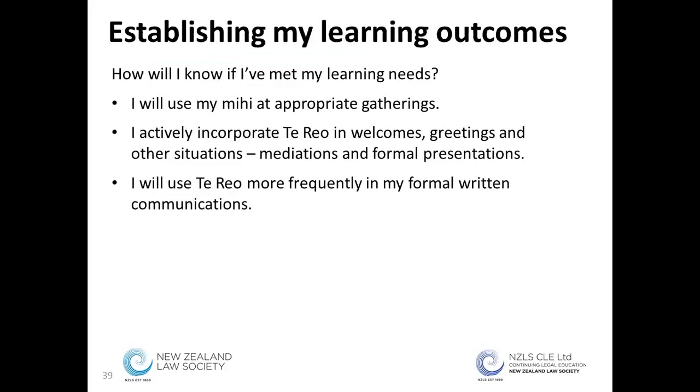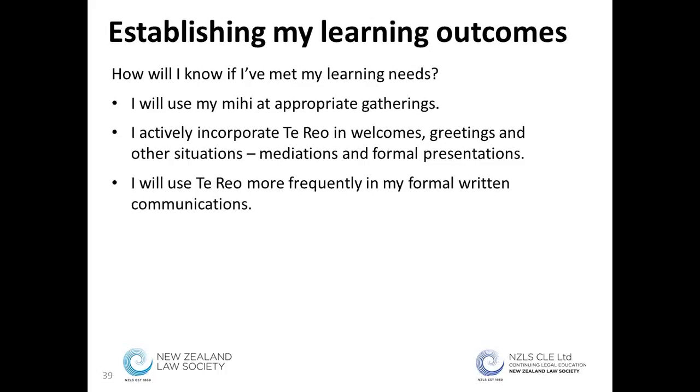So as I said, I've identified a couple of options for learning, and they provide study which amounts to 2 hours in the classroom for 6 hours, so that's 12 hours for one term, and I think I can manage that. So once I've established my learning outcomes, which I'd referred to earlier, and is up on that slide, I'll know that I've achieved them once I can actually do those things.